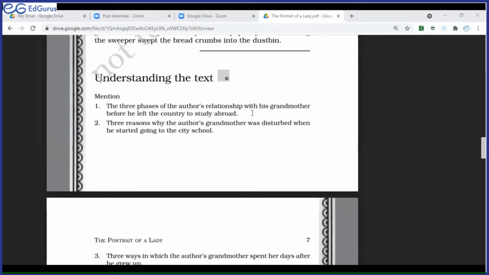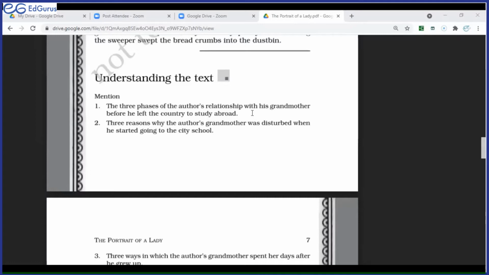The author was completely dependent on his grandmother in childhood when they were living in the village, as she would wake him up in the morning, dress him up, take him to the school and bring him back from the school. She would also feed him at the time of breakfast or lunch or dinner. So it was a very close bonding between the two.